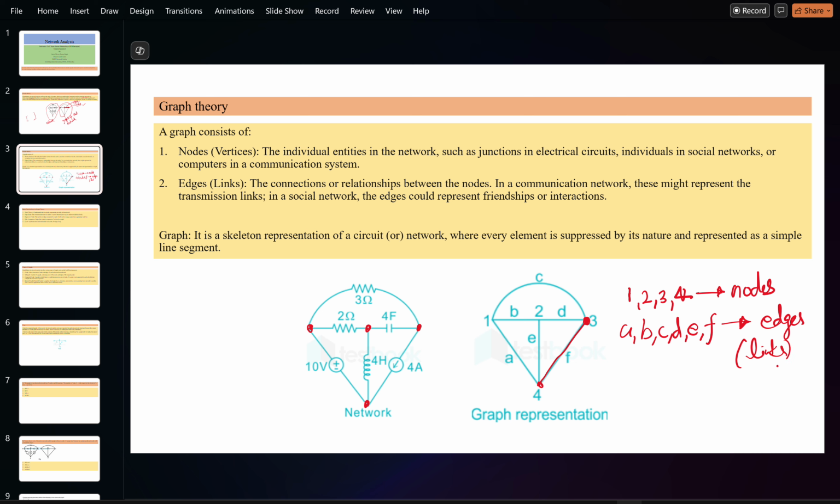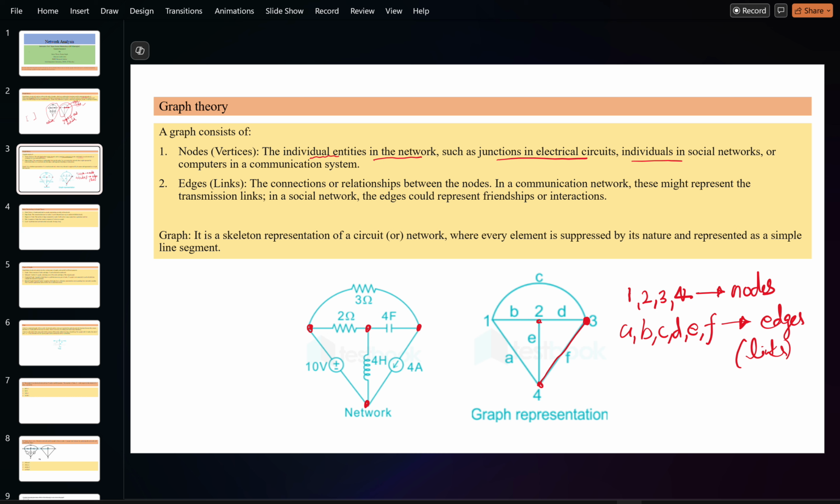Okay. So by definition as well, the nodes and vertices are the individual entities in the network, such as a junction in an electrical circuit, or people in social networks, or computers in communication systems. And the edges are the connections or relations between the nodes.